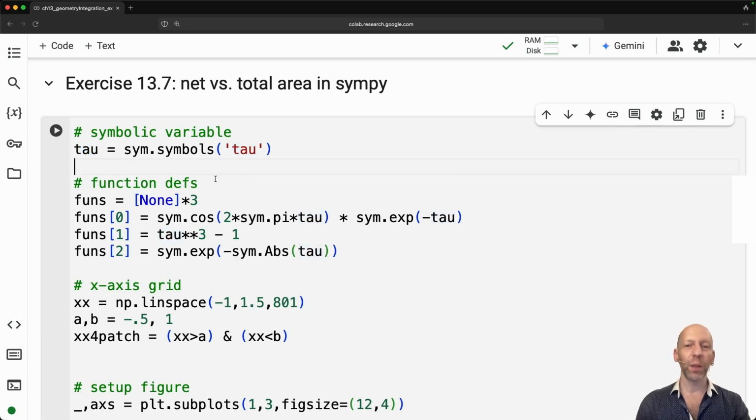Okay, so there are multiple ways that you could set up this code to run for these 3 different functions. What I chose to do here is create a list. So this is a Python list, and it has 3 elements. Each element corresponds to one of the functions that I showed in the book text.